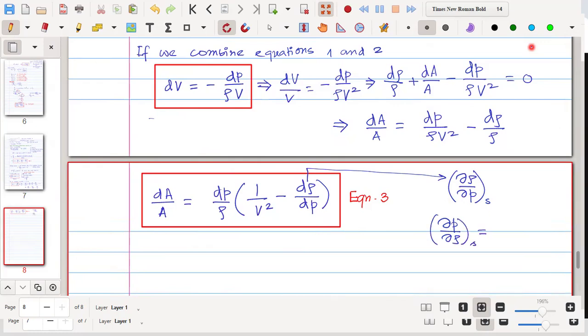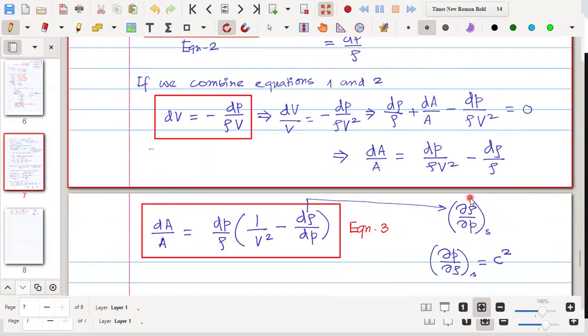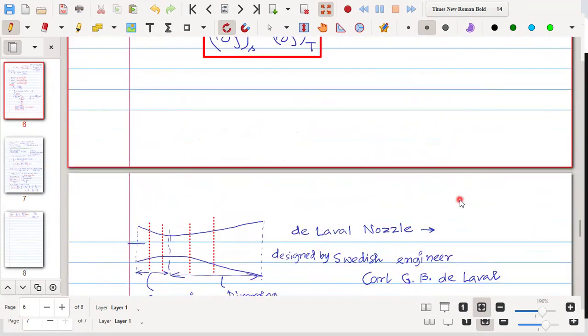Is the velocity of sound square. So this is the square of the velocity of sound that we have seen in one of our earlier classes.